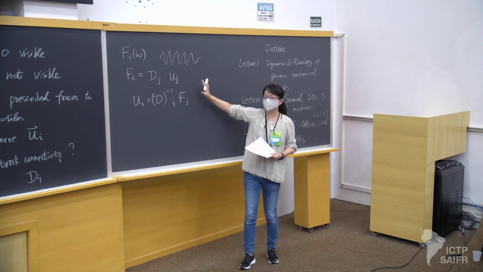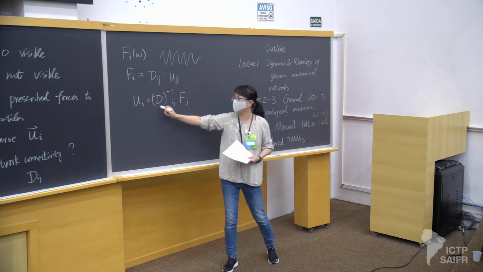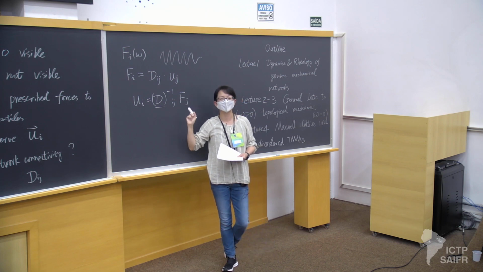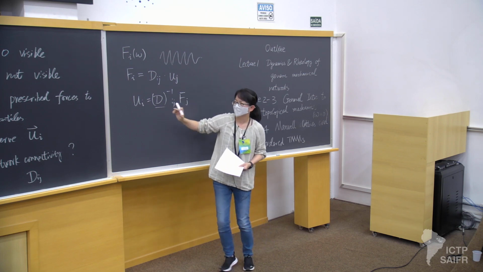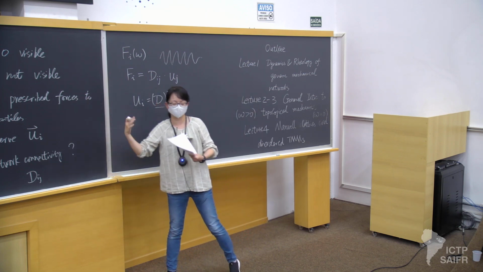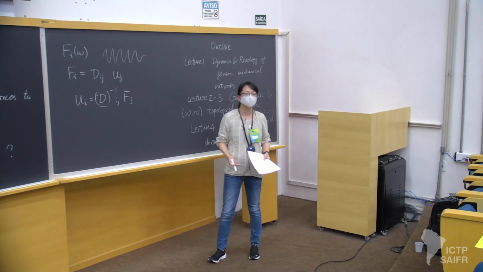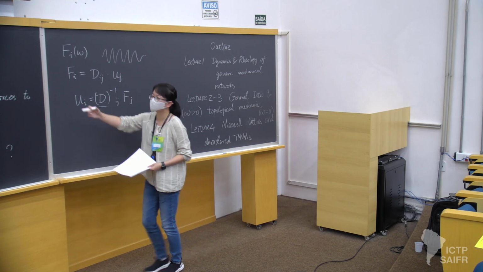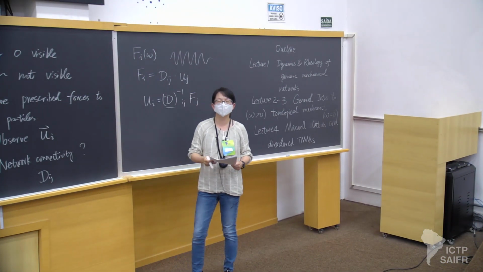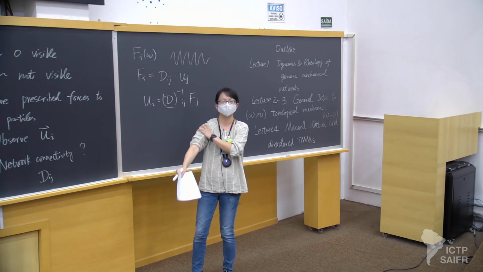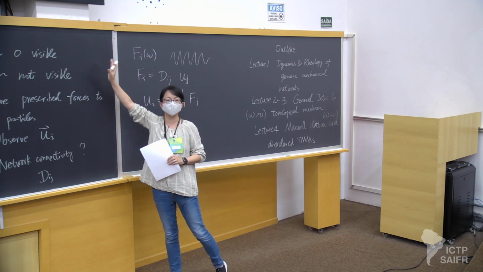And by repeating this enough times, you get all of the entries of this matrix. Okay? So this is just a way to think about how we extract information of a system that you only have partial visibility of, right? This comes up a lot in experiment.